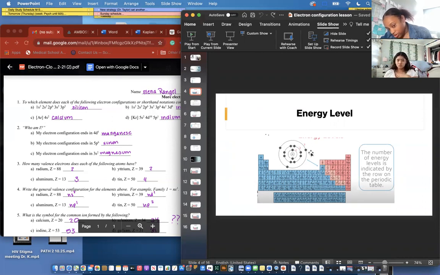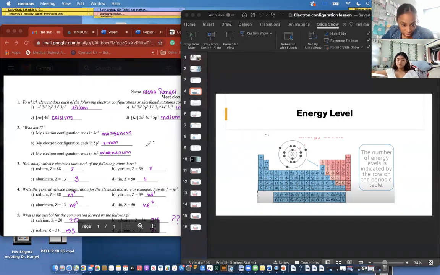It has 3 energy levels. That 1, 2, 3 is the number of valence electrons you have left. So, for example, in order to find the valence electrons of something, you would do this.